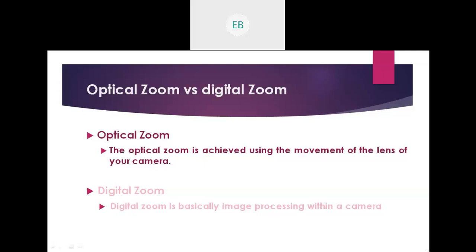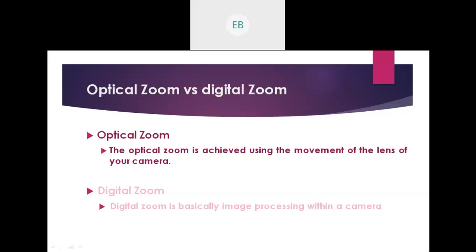That is, the result of the optical zoom is far better than that of a digital zoom. In optical zoom, an image is magnified by the lens of the camera in such a way that the object in the image appears to be closer to the camera. The lens is physically extended to zoom or magnify an object.